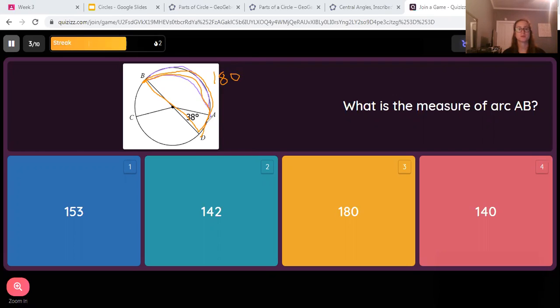And if we know that this piece right here that is not what we're trying to find is 38, then we just need to take 38 away from 180, and then we will get what's left over, or the purple, the arc AB. So 180 minus 38, let's make sure we put it in our calculator, make sure we get it correct, is 142. So we are going to choose 142.